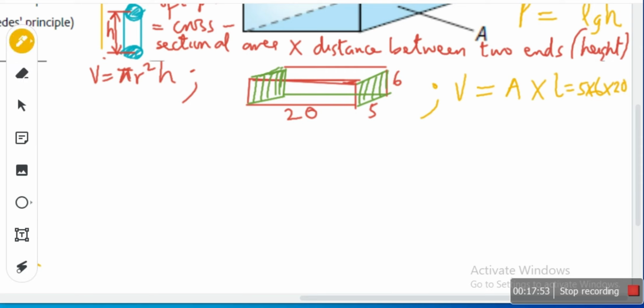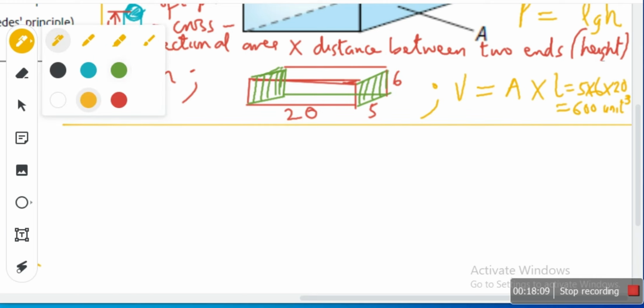Because it's also a prism, that would have been 600 units cube. Okay, I'm going to rule a line so that we can continue our analysis.